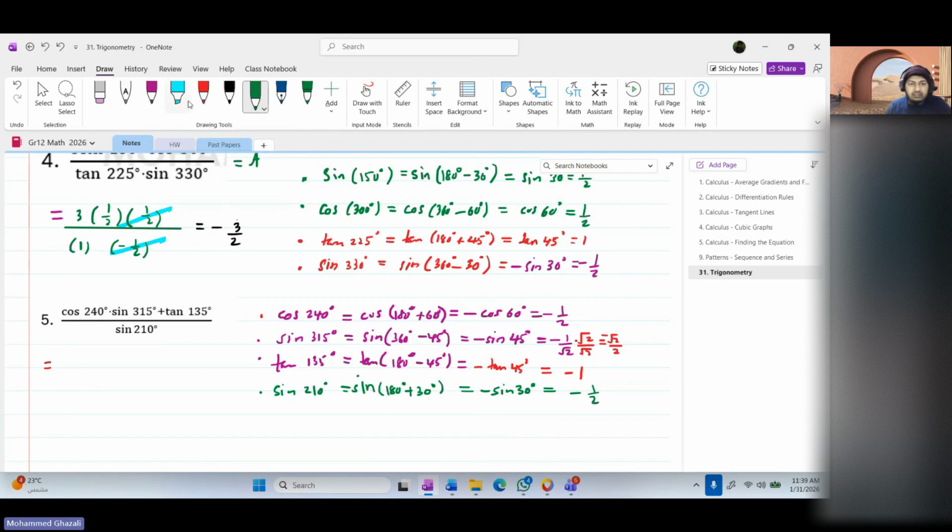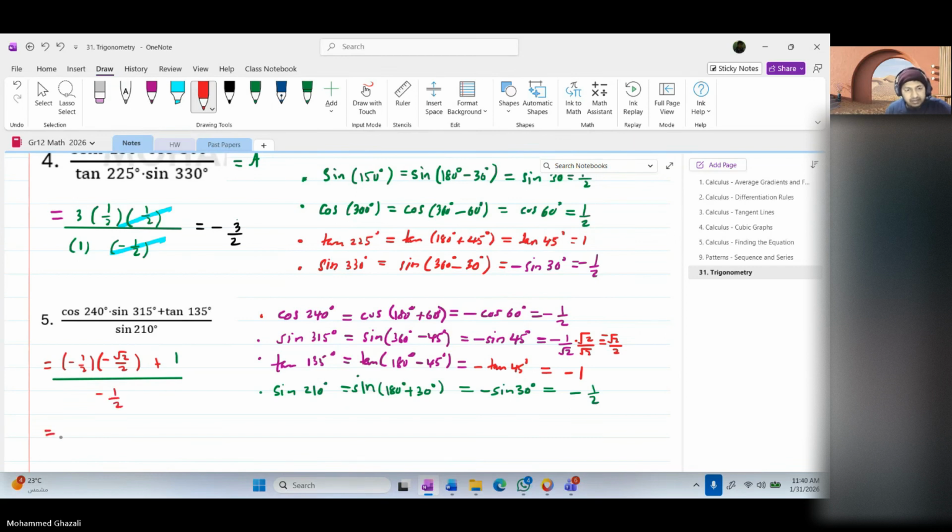Right, so now we have all the values. We can just substitute here. So we have negative half. Sine 315 was negative root 2 over 2, plus 1, divided by negative half. Now remember, you can't cancel because you got a plus there. It's a problem.